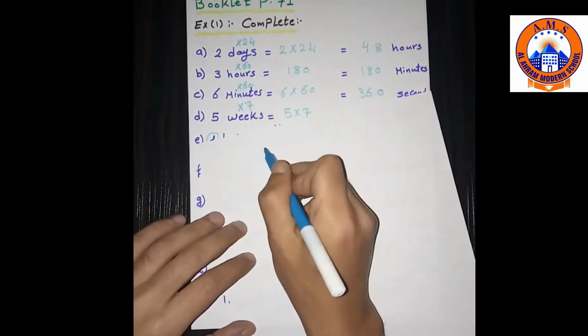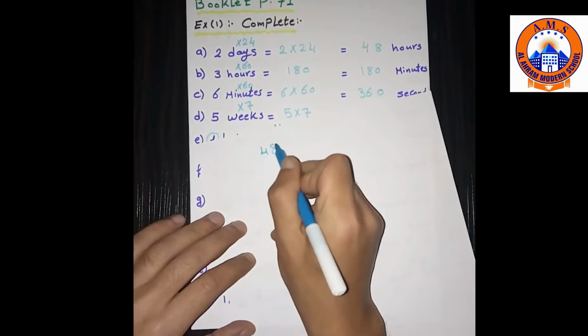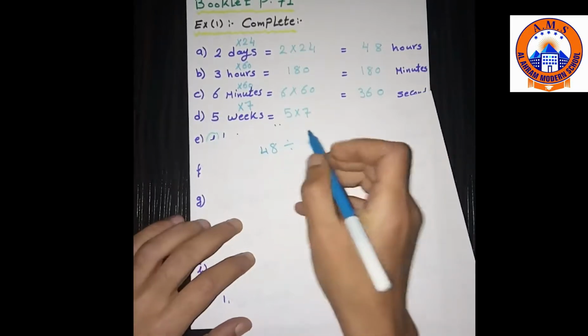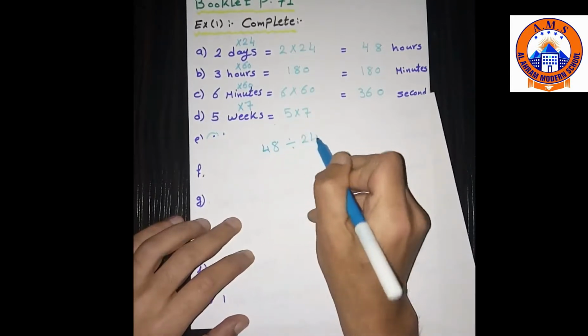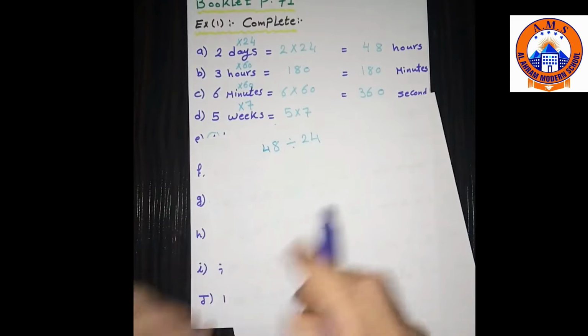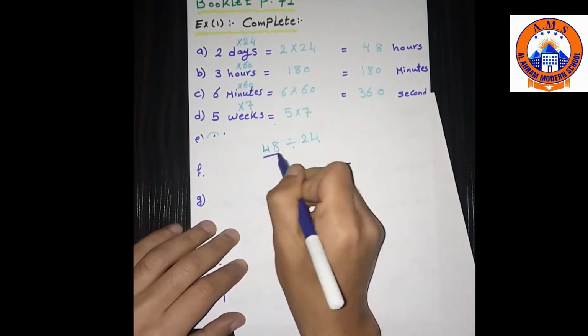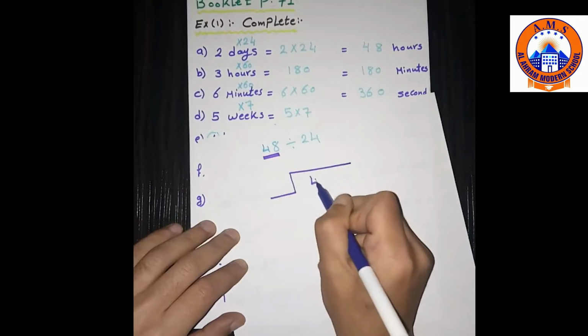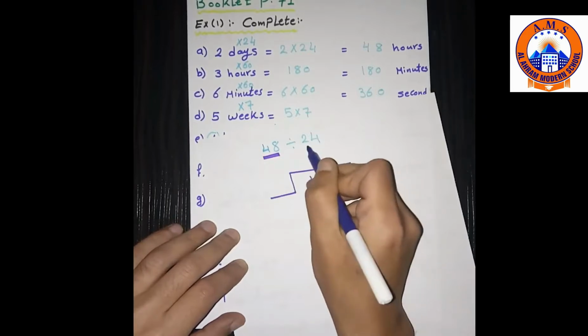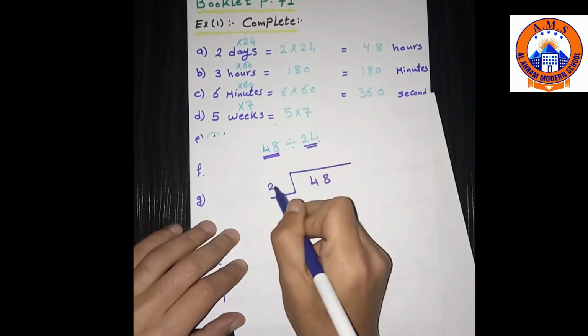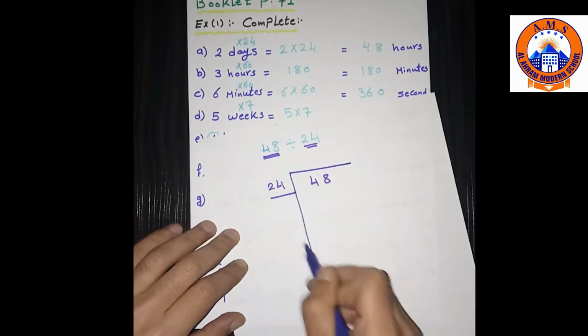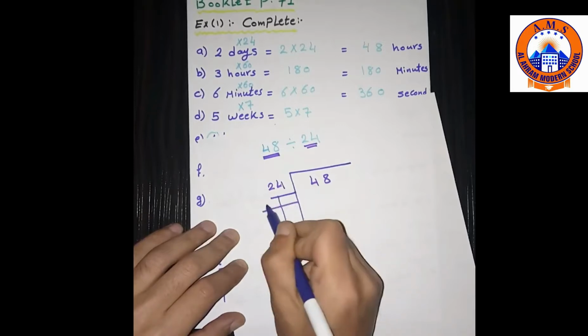We want to divide 48 by 24. As we have taken in the first term, we will make a long division sign. The first number, 48, will come inside, and the second number, 24, will come outside. Then we make up and down.